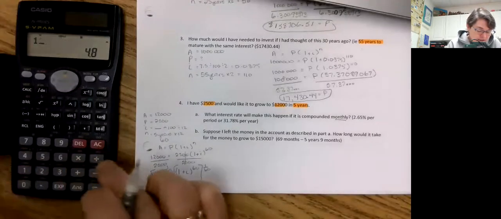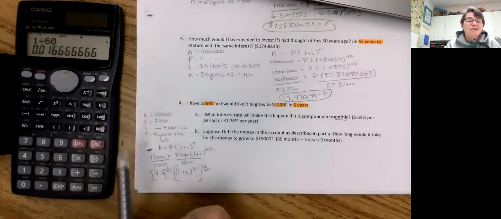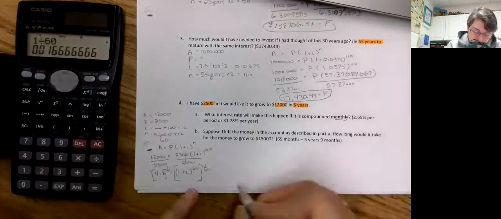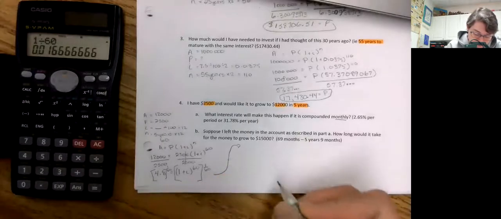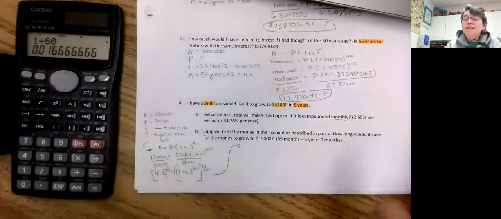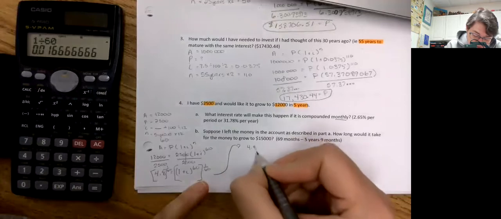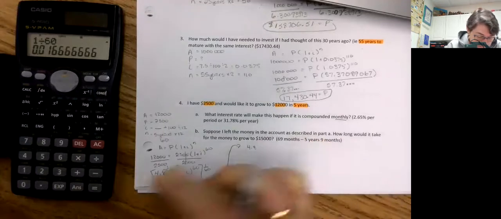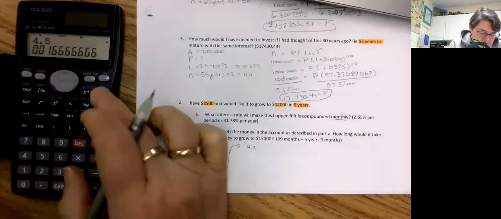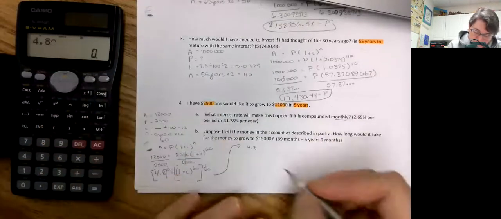If I go 1 divided by 60, see how it's like a repeating decimal, weird thing? So I'm going to cheat a little bit. I'm going to write my key punch. So 4.8, let's clear everything here. 4.8, and then I want to do that to a power.